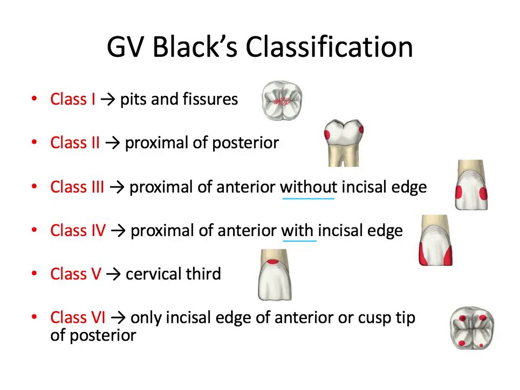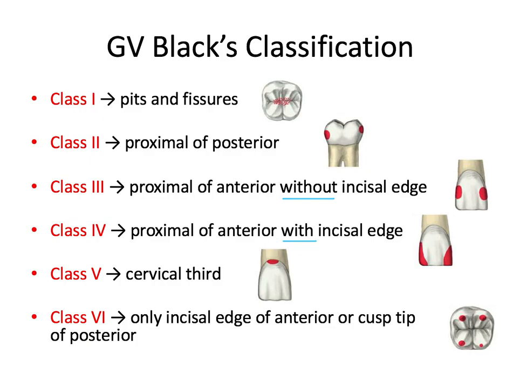And finally, class 6 decay is probably the rarest one up here, and it refers to decay on the incisal edge of anterior teeth alone, or a cusp tip or multiple cusp tips of a posterior tooth. So this type of unique decay is often caused first by some kind of abrasion or erosion, and then those defects expose underlying vulnerable dentin that is then cavitated.